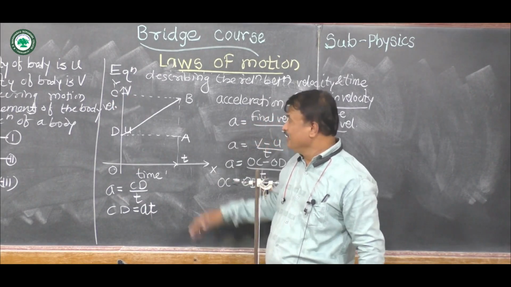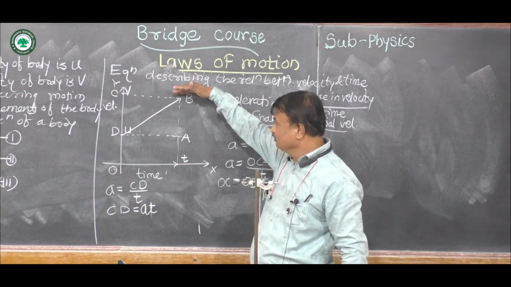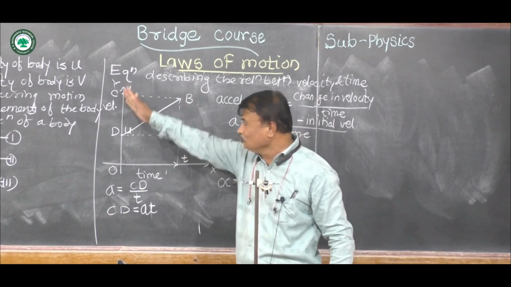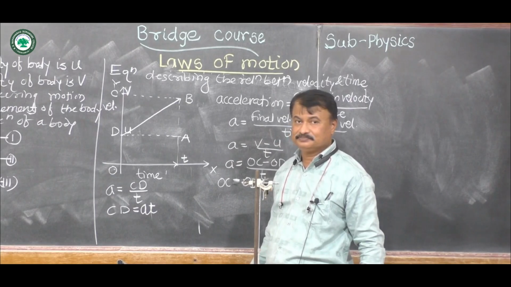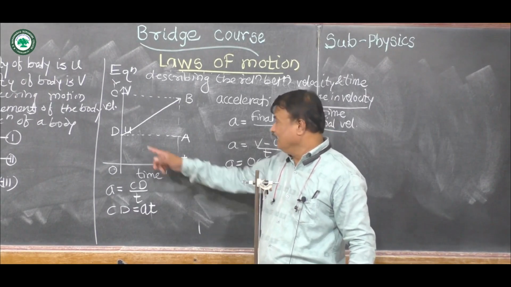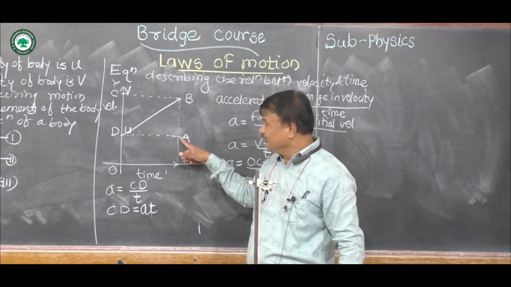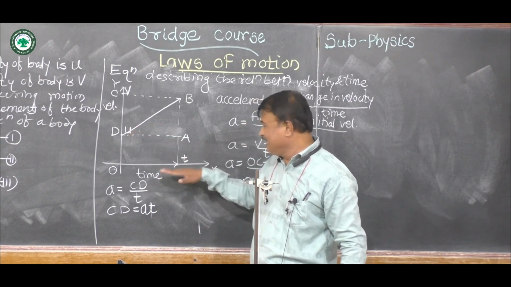Now, as we know, from B we draw a parallel line to y-axis, and at point A, there is another parallel line to x-axis.